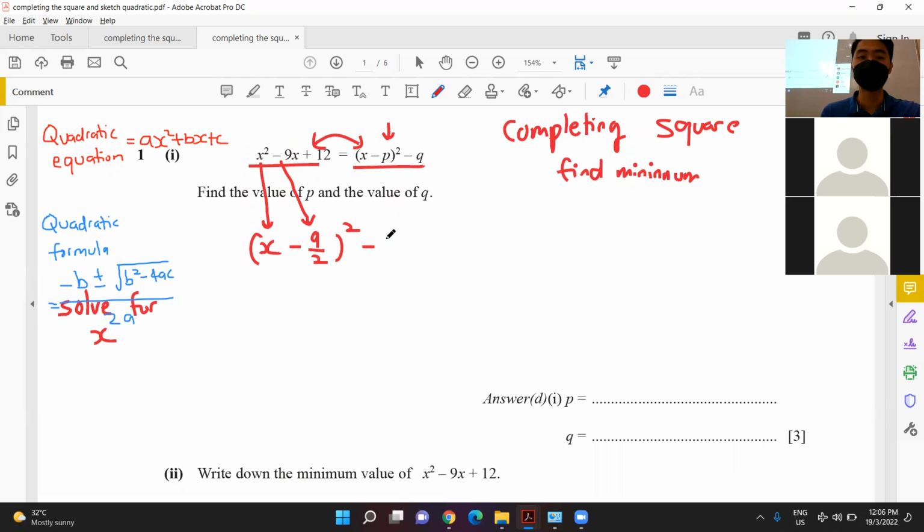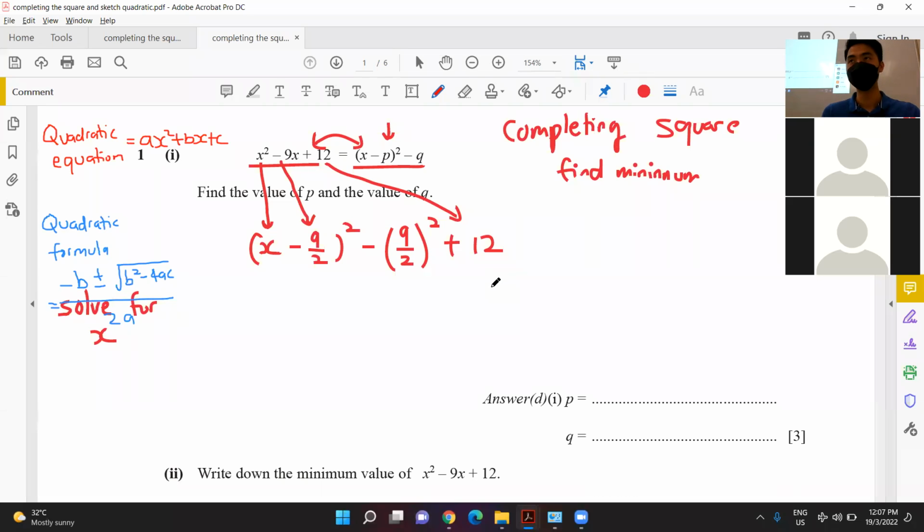You're going to minus off the same value that you had inside. And then it's squared, so this one also needs a square. And then lastly, you just put the constant back at the far end. Then this is your completing the square method, okay?